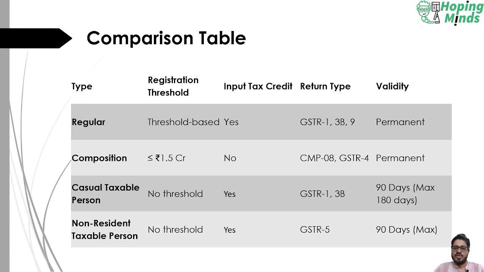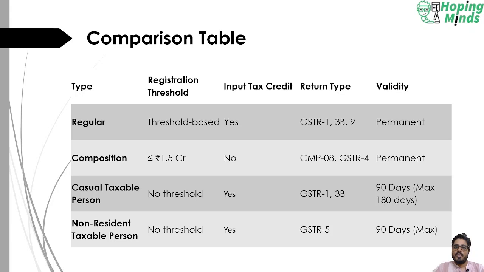Next come the composition dealers. The registration threshold is turnover up to rupees 1.5 crores. That is, taxpayers whose turnover is up to rupees 1.5 crores can opt for the composition scheme. Availability of input tax credit?